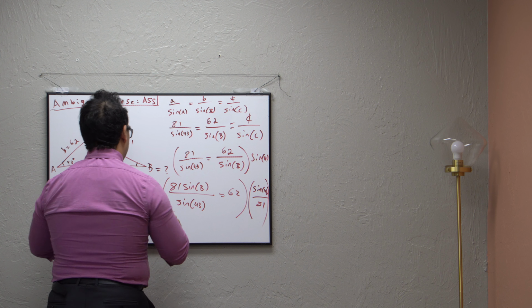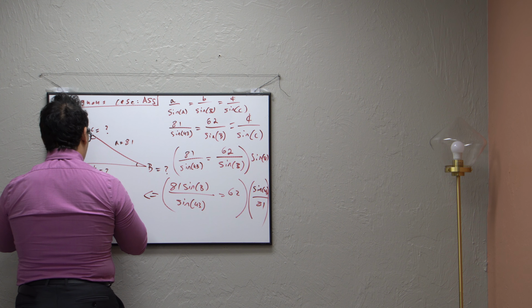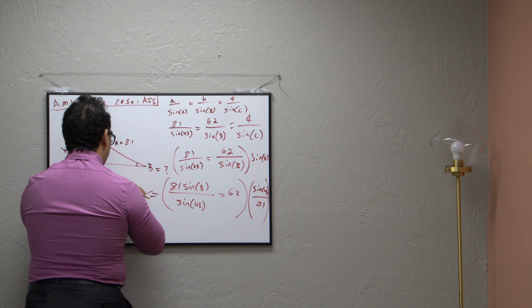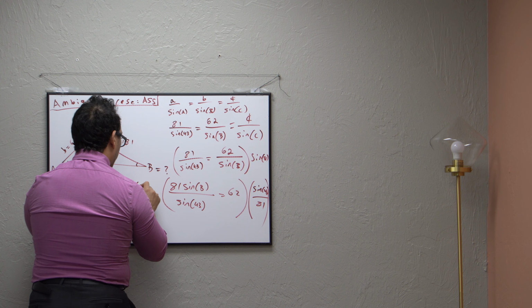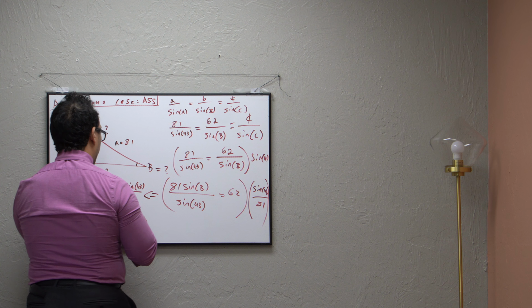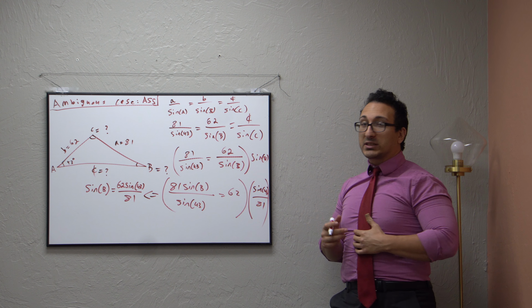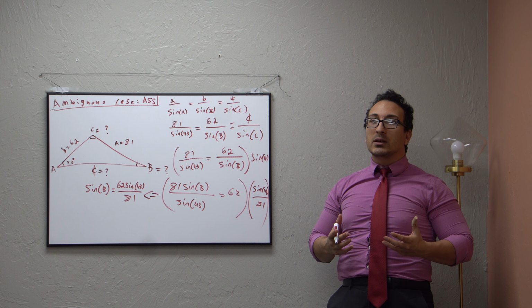Whenever we do this, we result in the following. We get sine of capital B is equivalent to 62 sine of 43 all over 81.